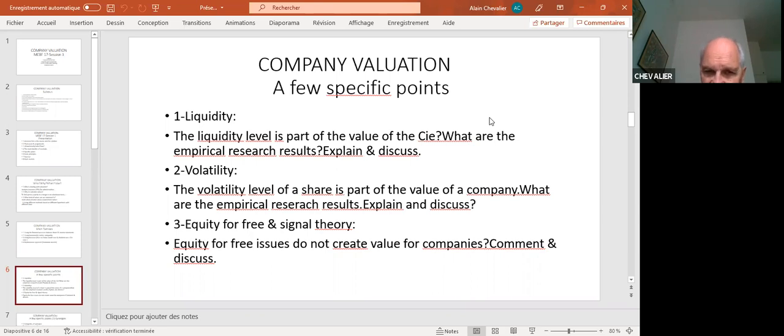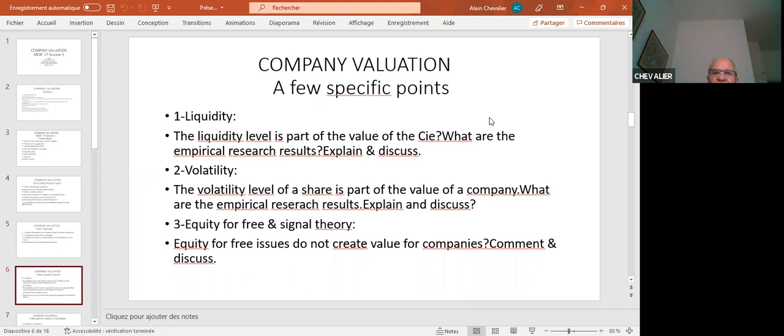The second one is volatility. Can we say that the volatility level of a share is part of the value of a company? What, again, we find from empirical research. Empirical research is very often the best basis to understand what has happened, particularly in value calculation.